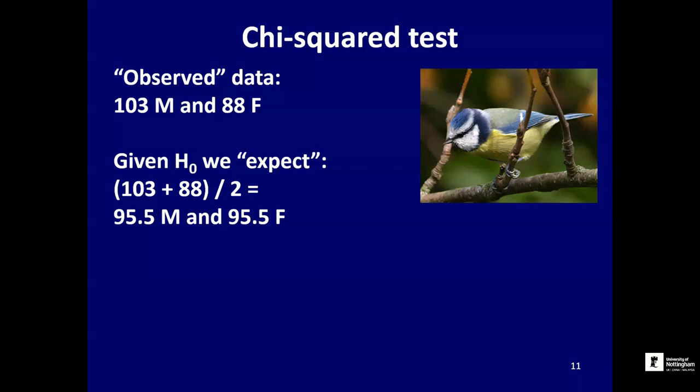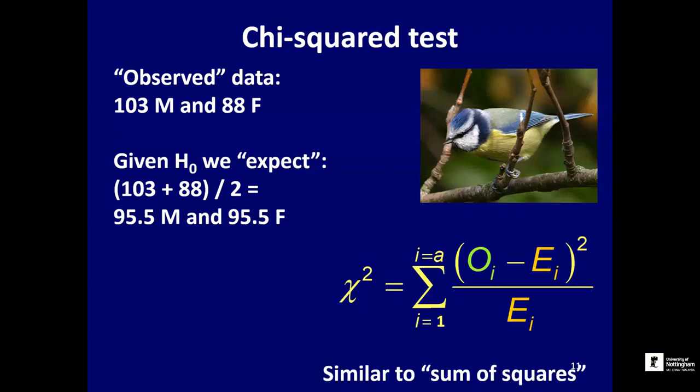So immediately you spot that that doesn't make a lot of sense because you can't see half a blue tit. But actually, in the world of stats, that's perfectly fine. On average, if we continued to do this experiment over and over again, we would expect to see 95.5 males and 95.5 females. So that's our expectation under the null hypothesis, and it's that we're going to compare with the reality, what we actually observed.